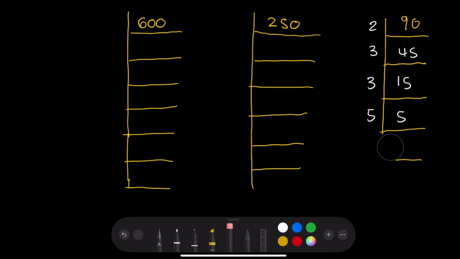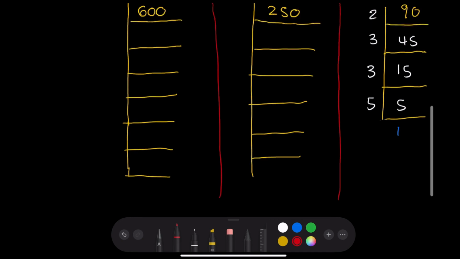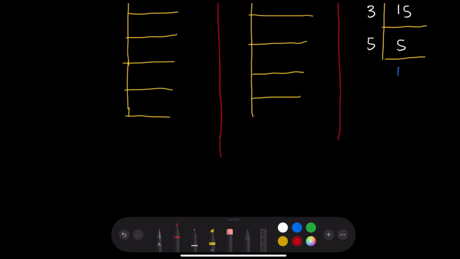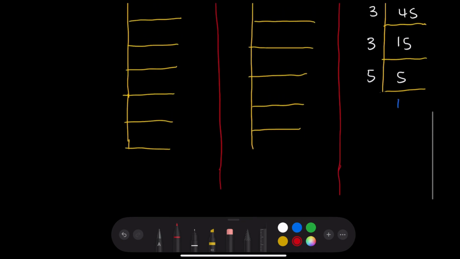Then already we know 5 divided by 5 is 1.